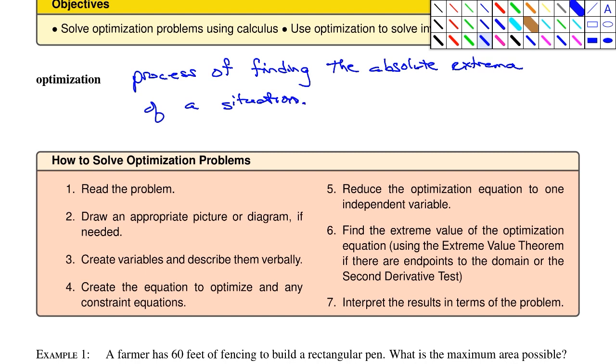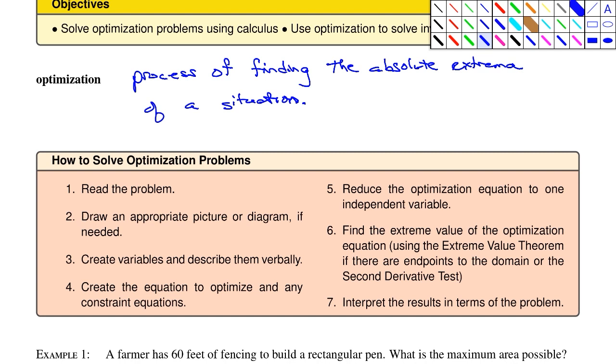And you can think of the business type applications that you'll use this on, from finding the maximum profit to the minimum cost. And then there's other ideas that this applies to, and we use calculus to solve those.